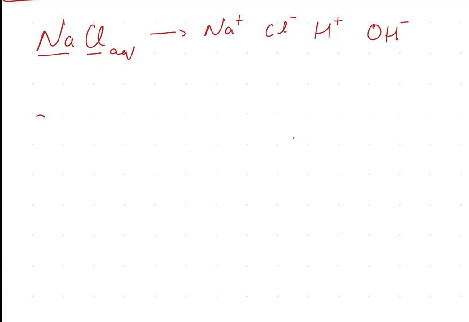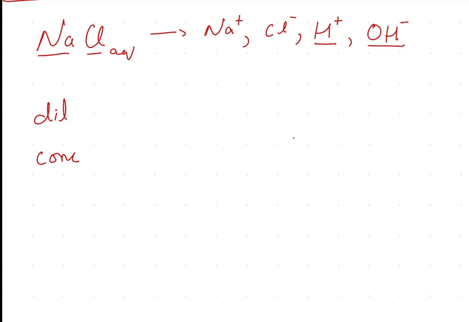Even if the solution is diluted, it contains water. Even if the solution is concentrated, it also contains water. I will tell you the meaning of diluted and concentrated solution, but before that, you should understand that whenever the solution is diluted, concentrated, or aqueous, it contains water, and water contains these two ions, H positive and OH negative.